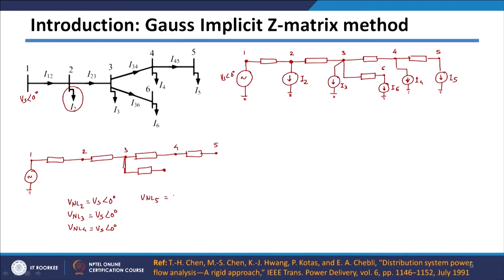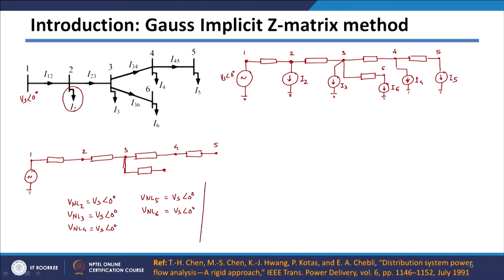VNL5 will be Vs angle 0 degree, and similarly VNL6 will be equal to Vs angle 0 degree. So, all the node voltages will be Vs angle 0, and I am calling it VNL because it is the no load voltage. We are not considering any loads here. All the current sources, which are considered as loads, are removed. So, only the no load circuit is there, which is why it is V no load.